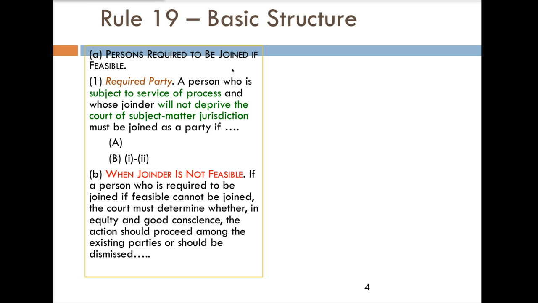So what this is saying is that the person who is subject to PJ, and also if joinder does not deprive the court of SMJ, has to be joined if they're a Rule 19 party. Now, if you're wondering why the court would be deprived of SMJ, you have to remember that you might not have SMJ if you don't have complete diversity.